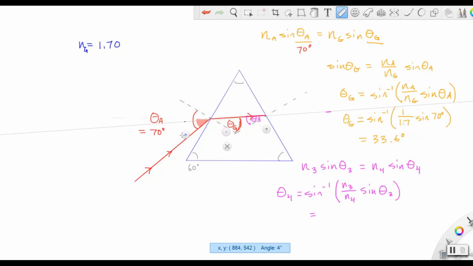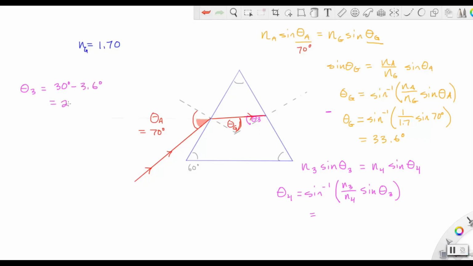We know that this one was at 33.6 degrees with respect to the horizontal, and we know that the normal is at 30 degrees with respect to the horizontal. So that means that if we had our horizontal here, that would be 30 degrees from the normal, but instead we are 3.6 degrees in from the normal, which means that theta 3 is given as 30 degrees minus 3.6 degrees.